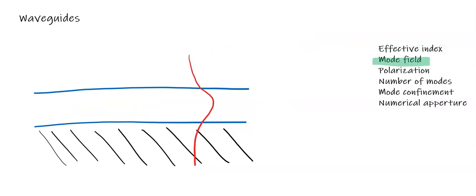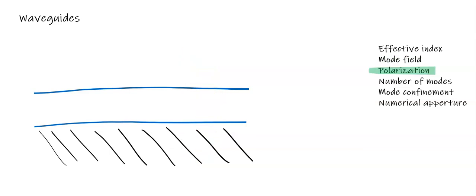The mode field describes how the energy is distributed in the waveguide. For example, we are interested in how big part of the power is inside the waveguide and how much is located outside the waveguide.